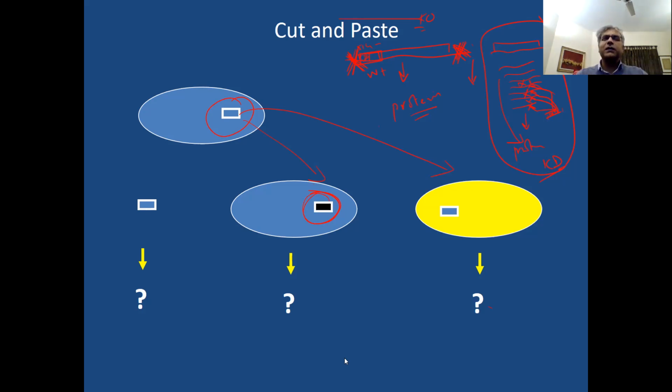Whose transcription goes up? The one we are knocking down. Why should its transcription go up? So I'm just wondering if the cell can somehow realize that this was the protein that I required.